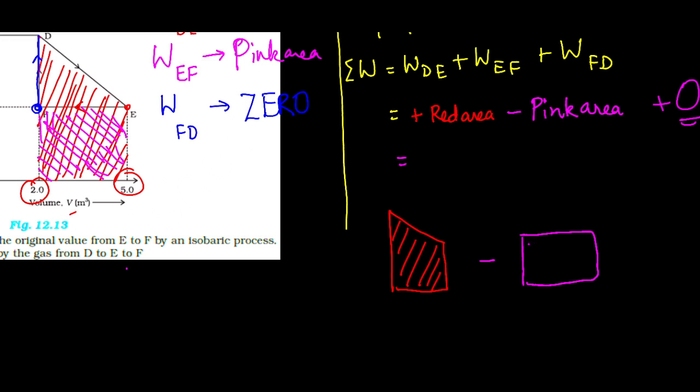Yes or no? So what is remaining? Yes, negative. Work done on the system, negative. Yes, so area of triangle, very good. That will give you the area of triangle.